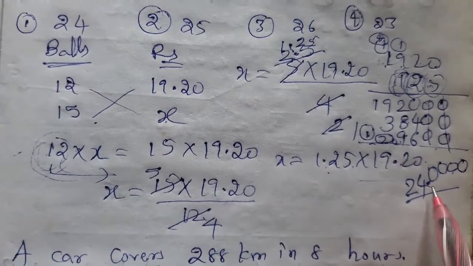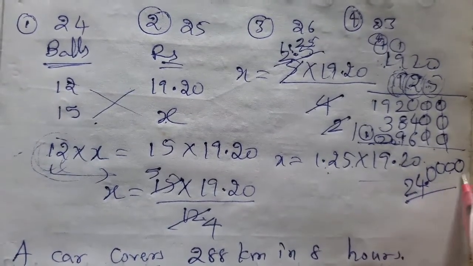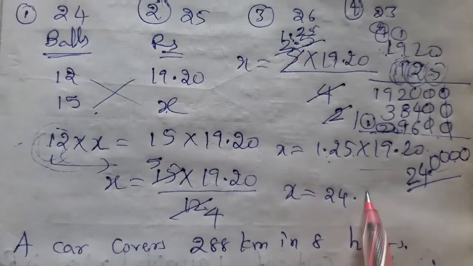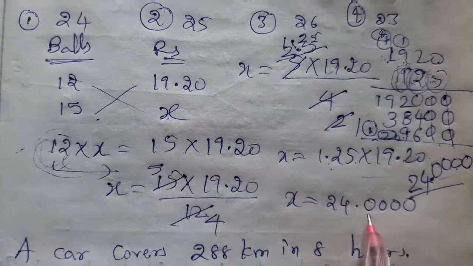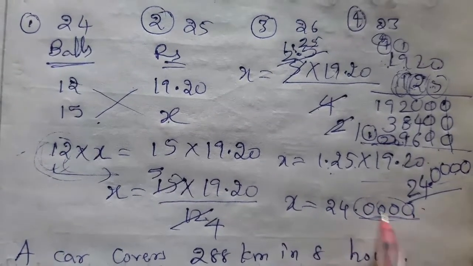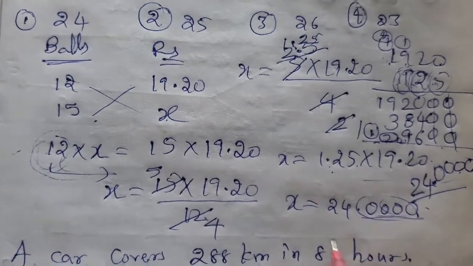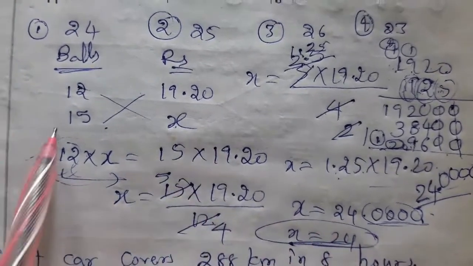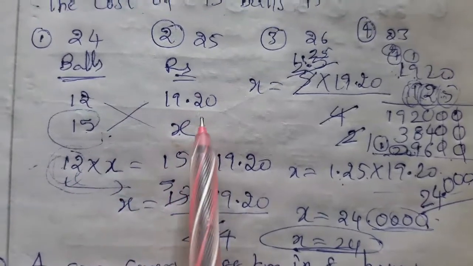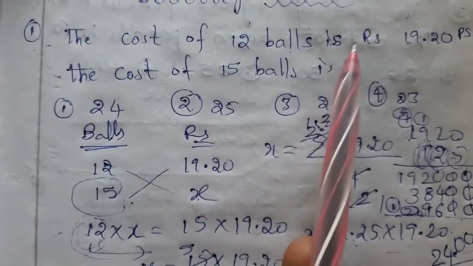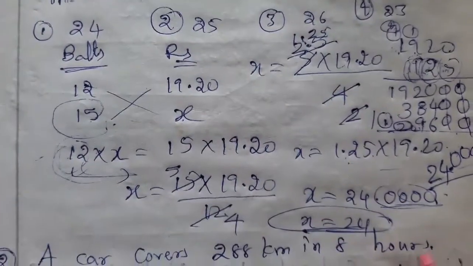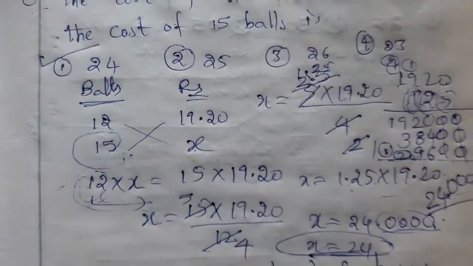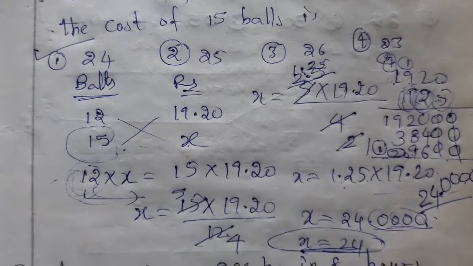So x equals 24.0000, zeros after the decimal. Now there is no value for the zeros, so remove them. This becomes x equals 24, meaning the cost of 15 balls is 24 rupees. That means option number 1 is the right answer.